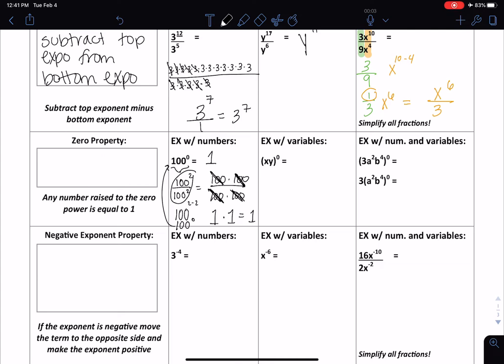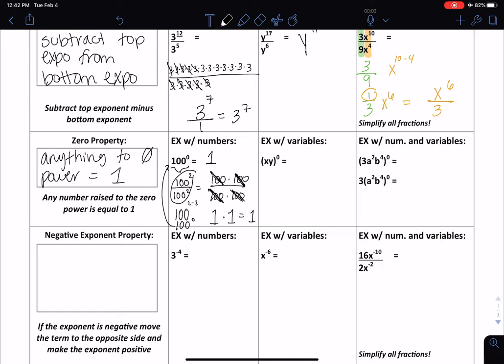So what you just need to know, that was a long story short, kind of. If you have anything to that 0 power, it equals 1. So anything to the 0 power equals 1. Okay, so we don't have to do any type of fraction stuff here.